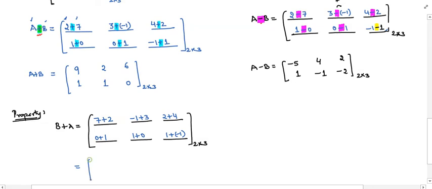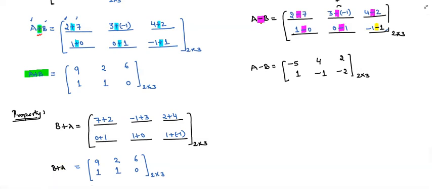It doesn't matter whether you write 7 plus 2 or 2 plus 7, it will be same. Gives you 9, 1, 2, 1, 6, 0. It is 2 by 3. From these two results, you can see that A plus B and B plus A, both are same. The numbers are same.